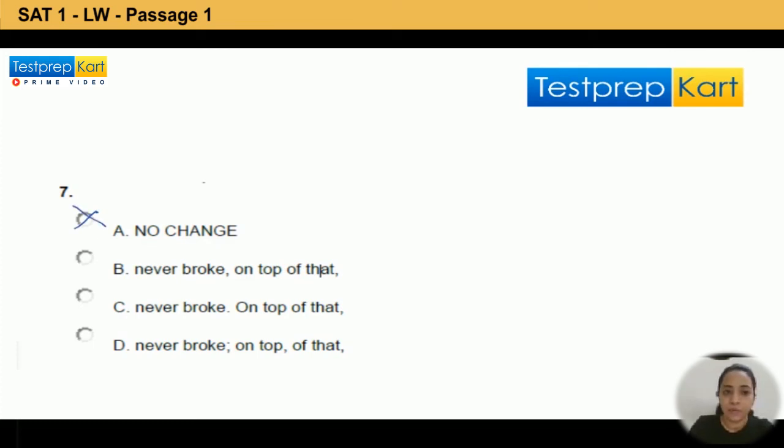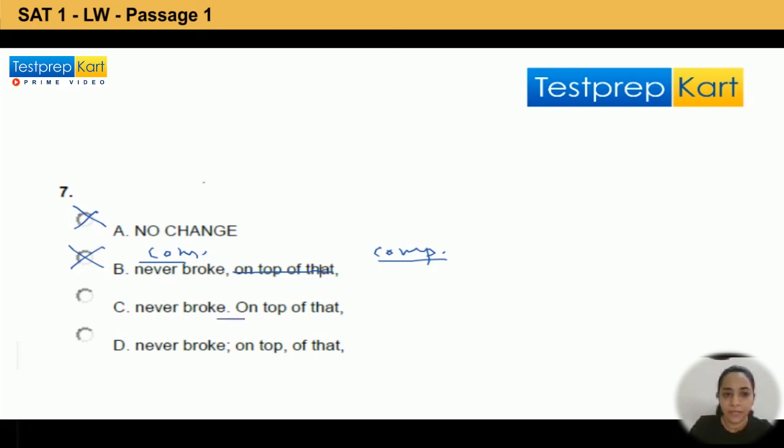B says never broke. This part is complete. And then we have, if we choose this, so see this, it's a complete part. Whatever is coming after that is also complete. And if we use this, a description in the middle, that means comma to comma means this is not essential. If we remove that, then again we have a run-on sentence, a complete sentence running into another complete sentence. Goes out.